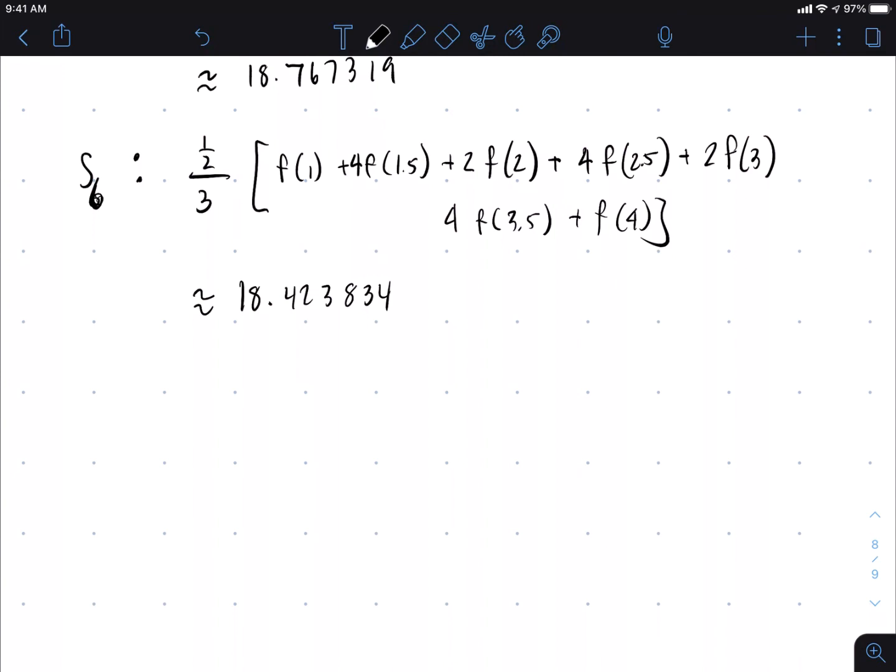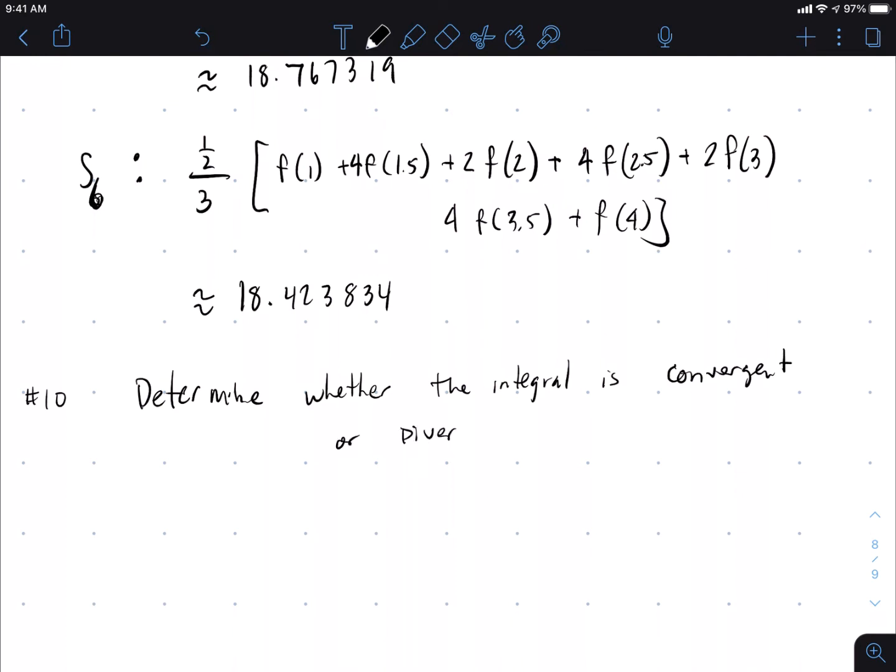All right, this is number 10. And my question is going to be something like determine whether the integral is convergent or divergent.